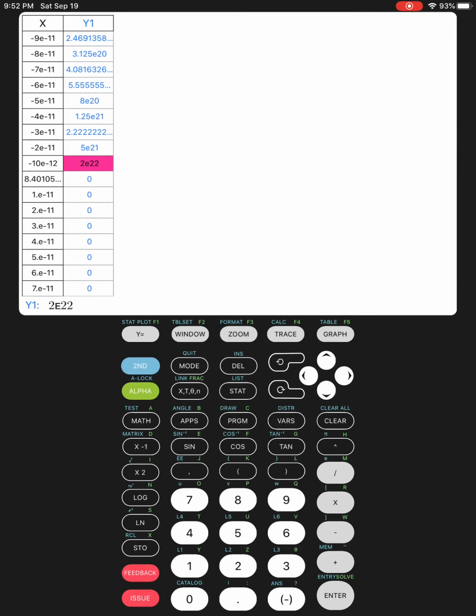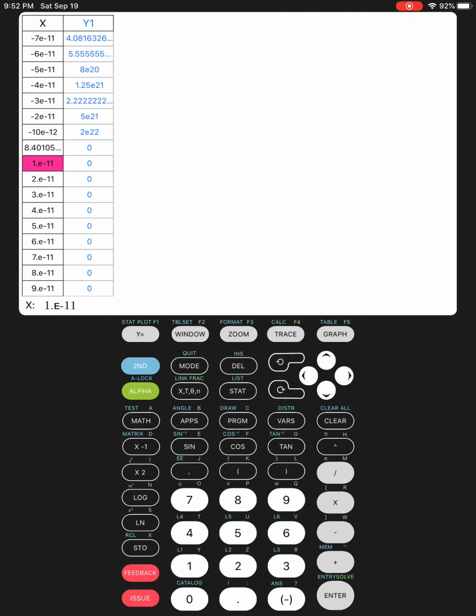looking at 0, right? And here we have some really, really big numbers, right? Remember the E notation there is how many zeros you need to put after it, if it's a positive number. So what this means is 2 followed by 22 zeros, which is a very big number, right?